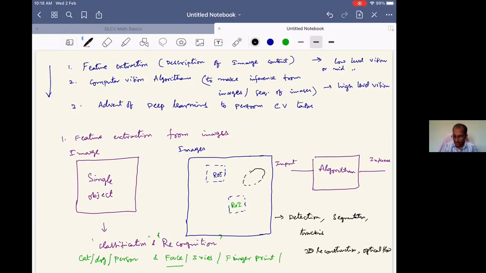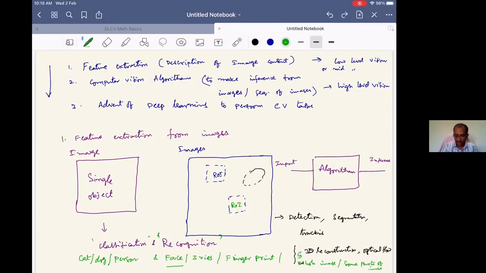So these are the other operations where the importance may be the whole image and even some regions of the image. Okay, here you need both.